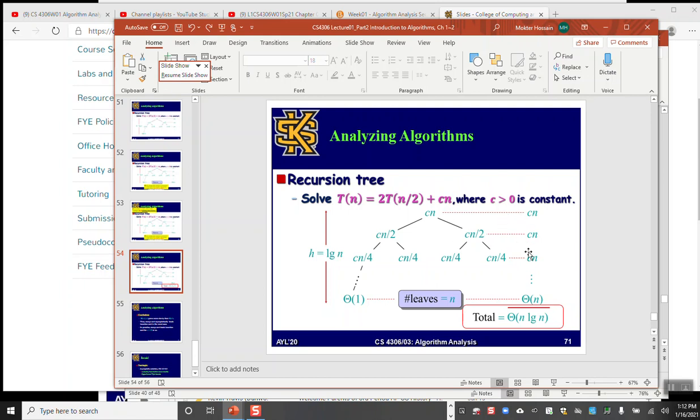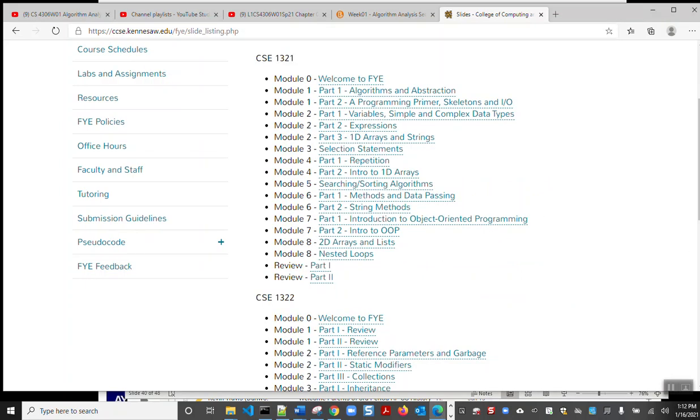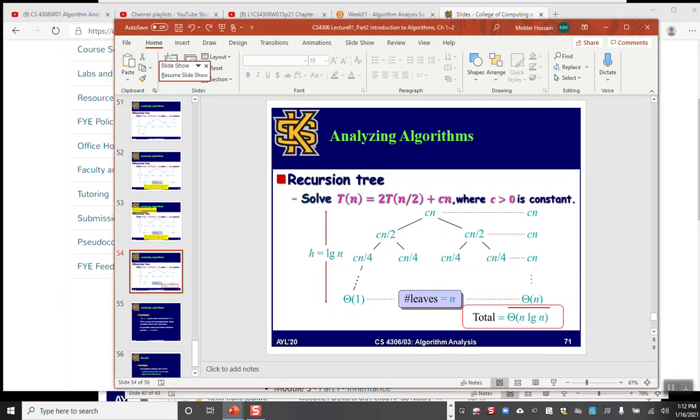how many cn do we have here? We have 1 cn here, 2 cn, 3, sorry, and then how many will we have here? This is the length, right?